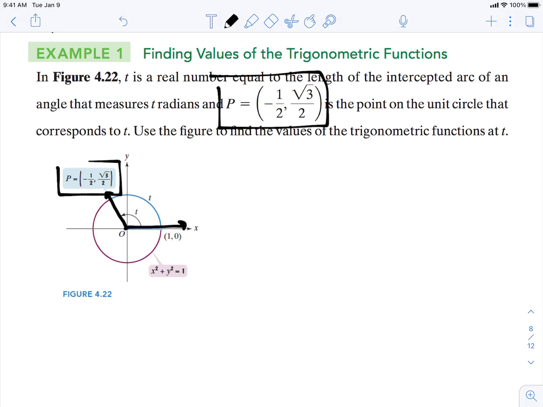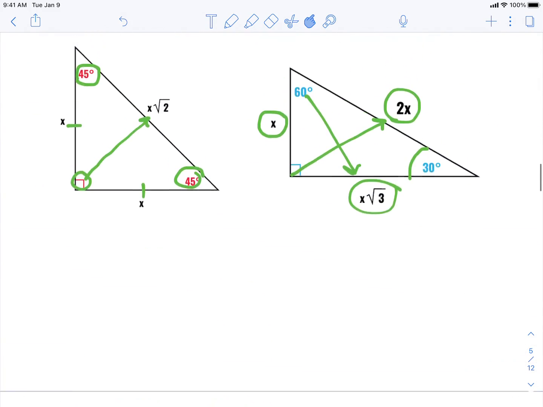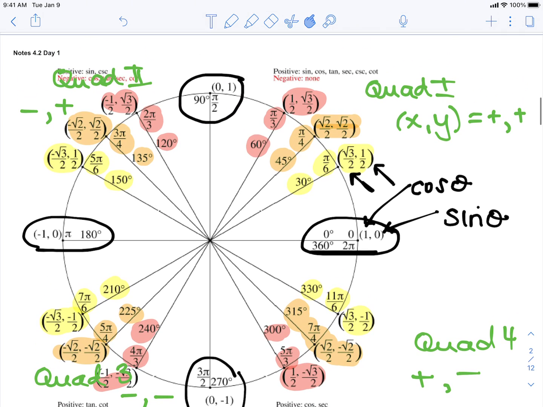So here's your point. So we're going to go up to our, and then here's our point, which represents 2 pi over 3 or 120 degrees.